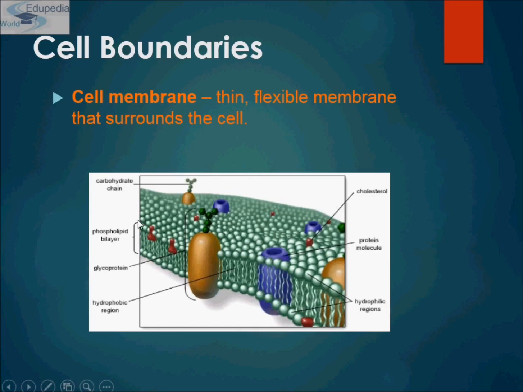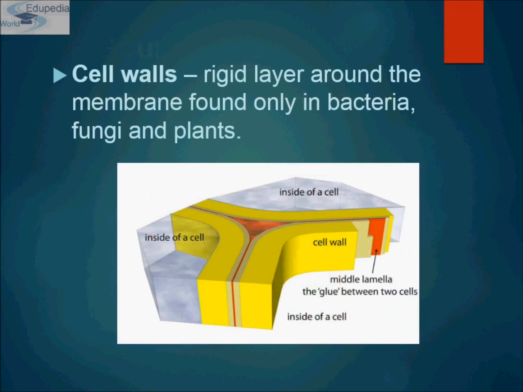You can see that it is made up of phospholipid bilayer and carbohydrate is embedded in it and proteins are also embedded in it. This is the hydrophobic end and this is the hydrophilic end of the phospholipid.